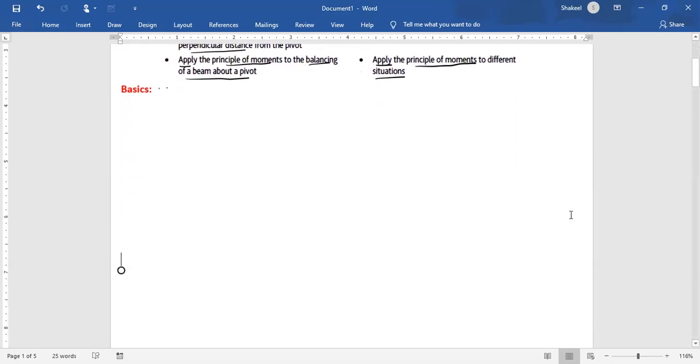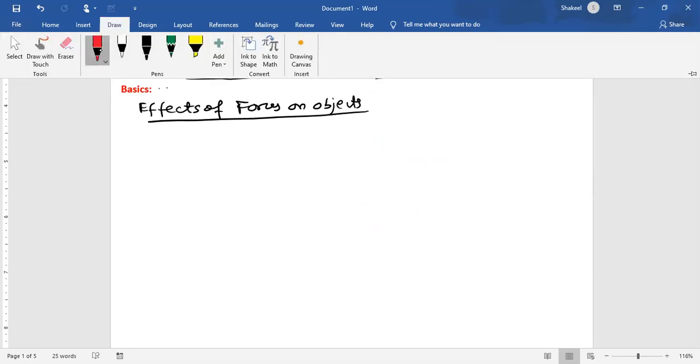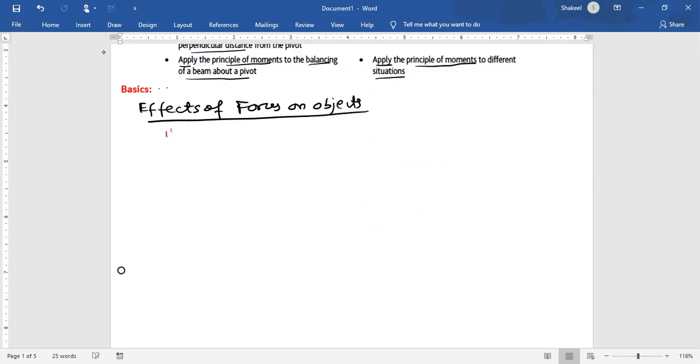Okay, let's go into the basics of moment of force. Before going into the basics, the first thing that we have to look at is the effect of forces on objects. Whenever a force acts on an object, it can make different types of changes. Number one, the object can accelerate.